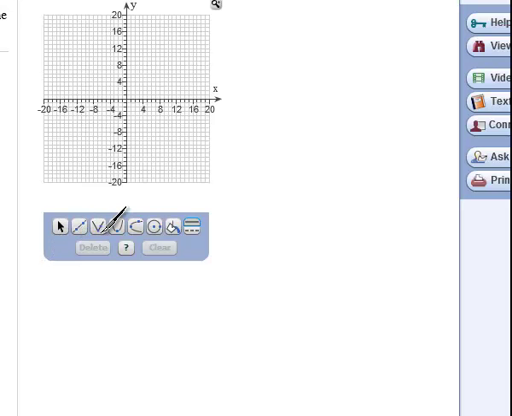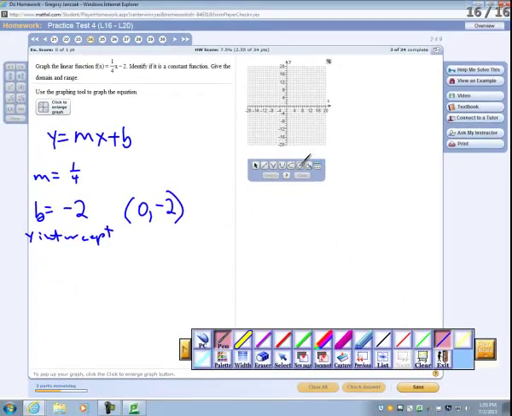Which one of these do you use? There's a line, there's a parabola, absolute value, y squared, circle. Which one? The line. Use the line. You got to choose the right curve.